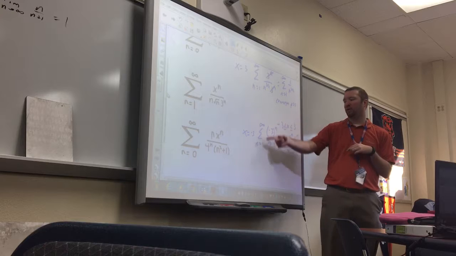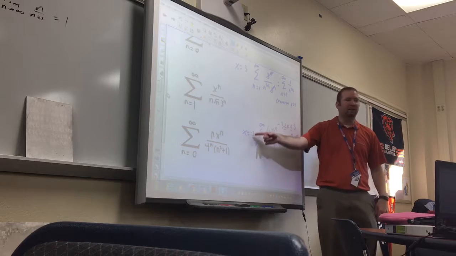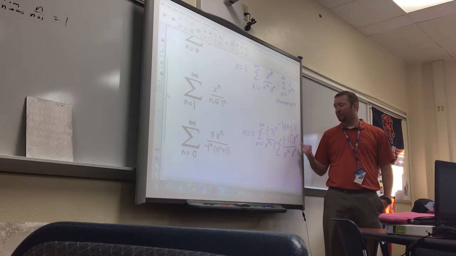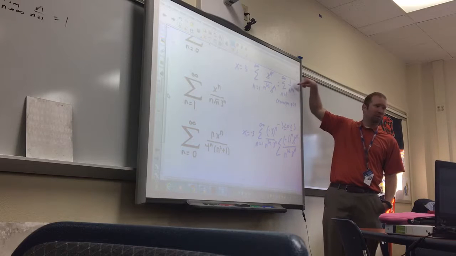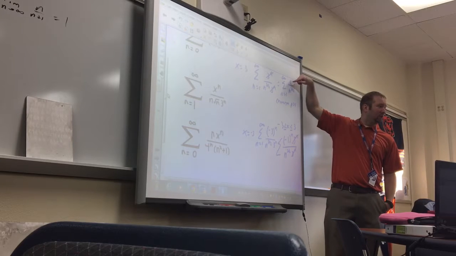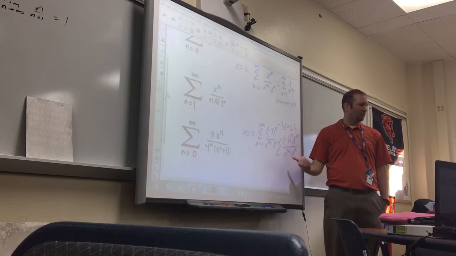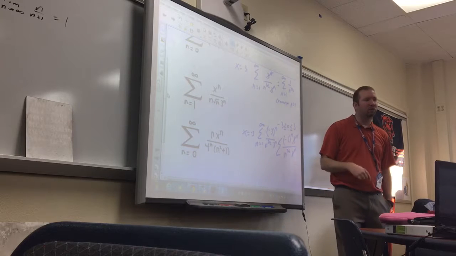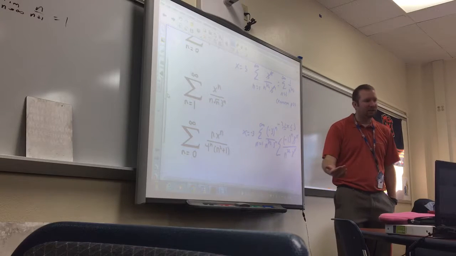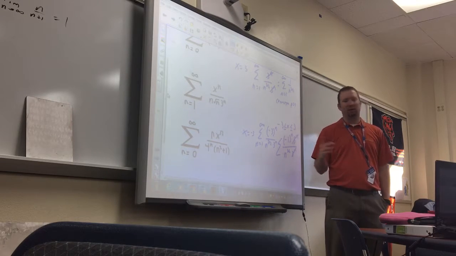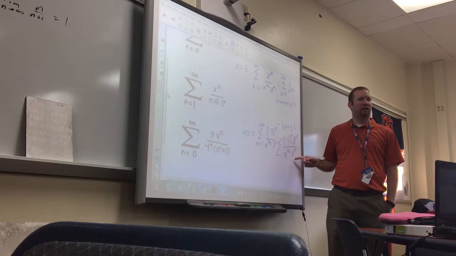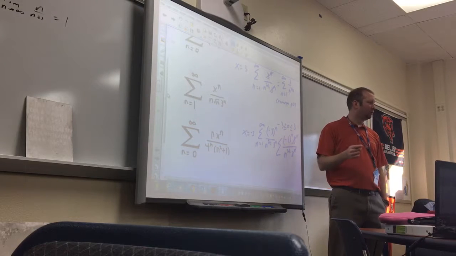So that's what we figured out here, is that this series, when x equals -3, converged absolutely because it became this series up here. Okay, so since this series converges absolutely, then this series must also converge. Right? So if a series converges absolutely, meaning if all the terms are positive and that series converges, then the series you're talking about must also converge.